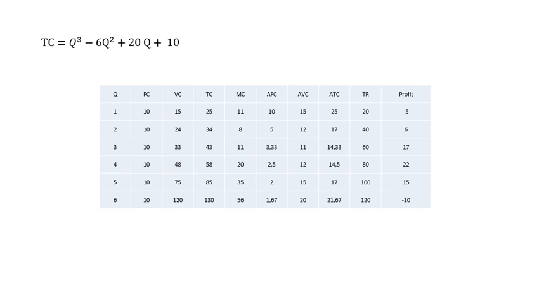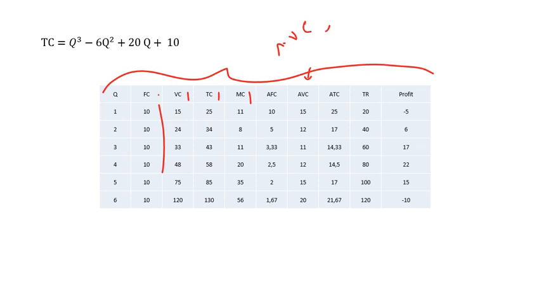So here we have a table with FC for each quantity, which is constant, VC, TC, MC. Then we have to find AVC. This one is important, which is AVC equals VC over quantity. We will find AVC here, then ATC, TR, profit.